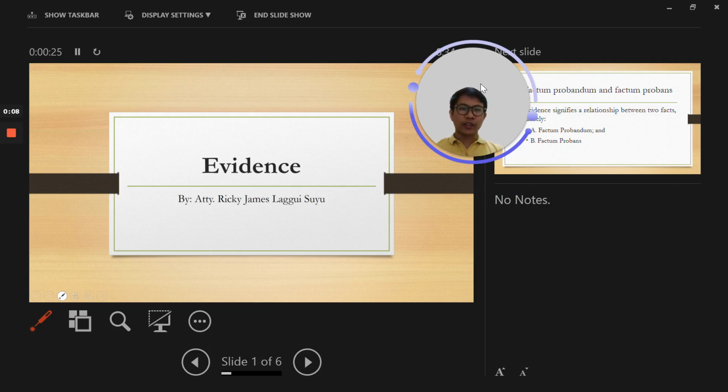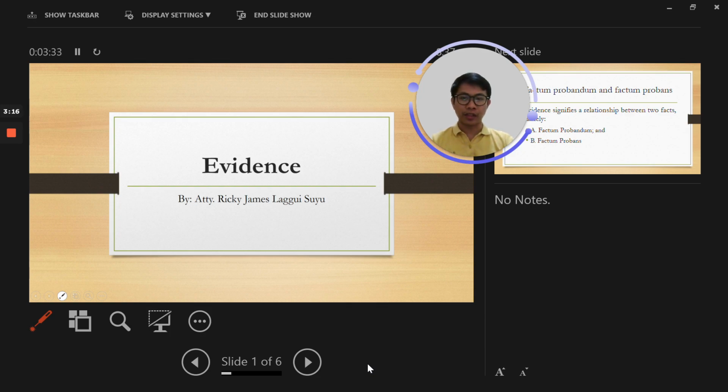Today we are going to continue our discussion in evidence. And this time we are going to discuss two important concepts in evidence: the concept of factum probandum and factum probans.